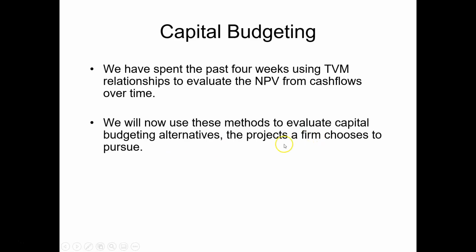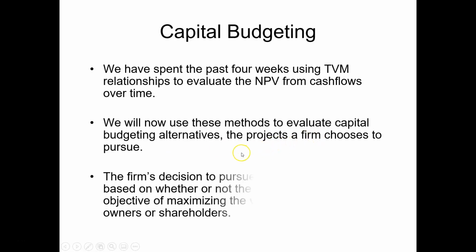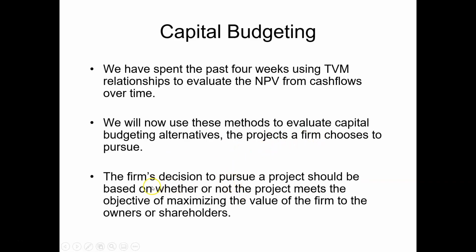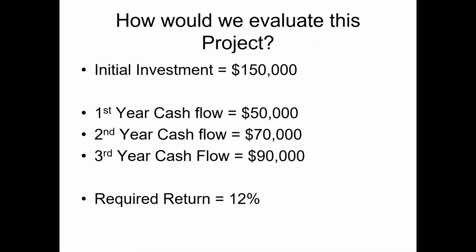And we try to pick the project for the business manager. A firm wants to pursue a project based on whether or not this project meets the objective of maximizing the firm value or maximizing the benefit of shareholders.